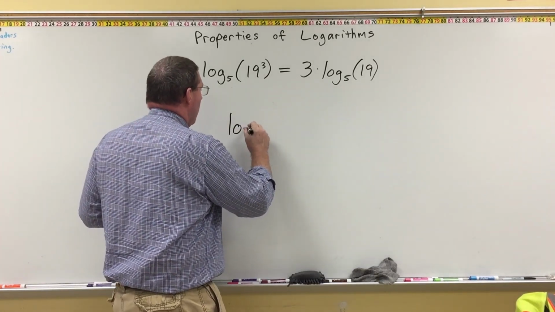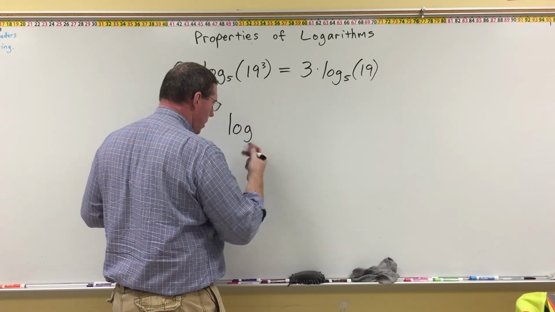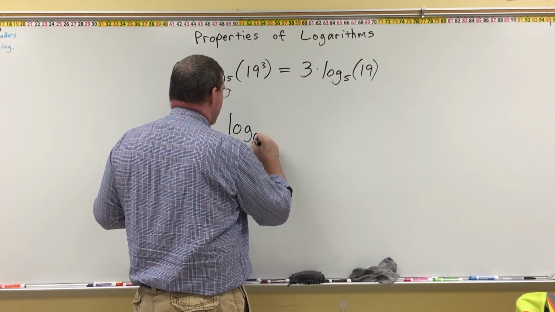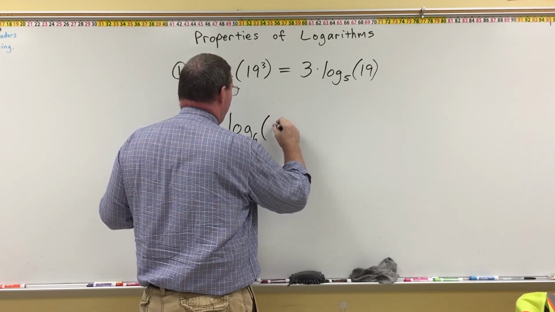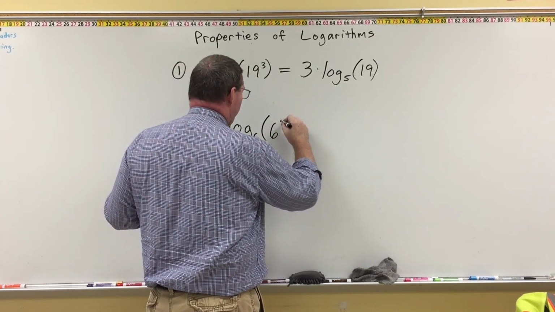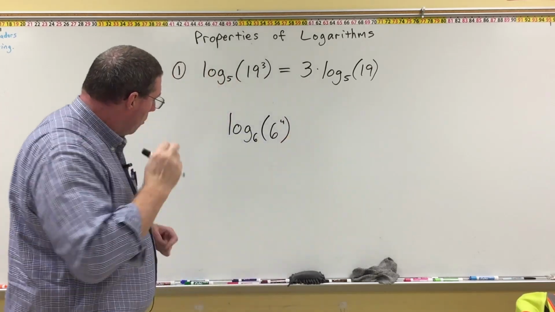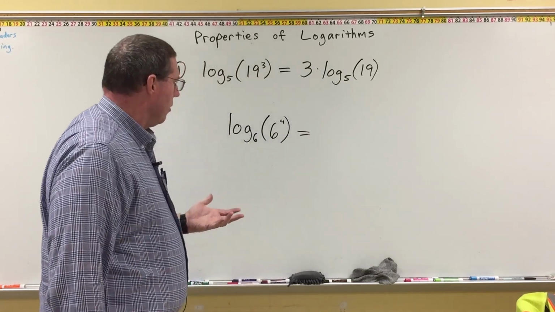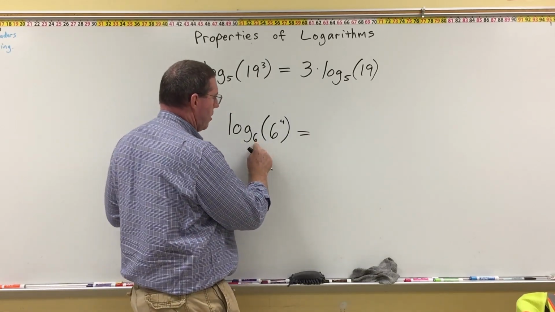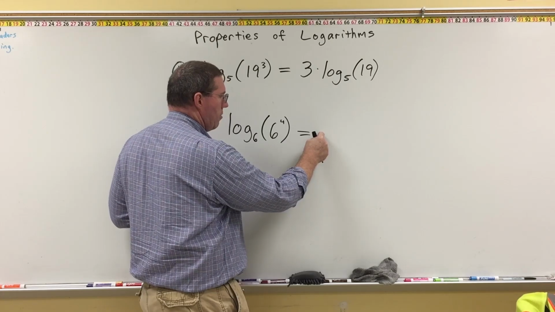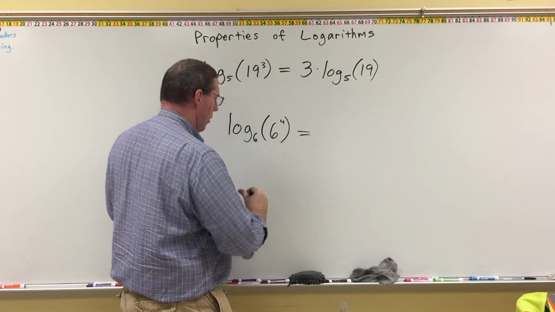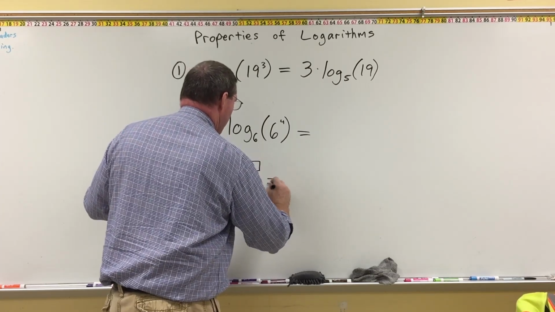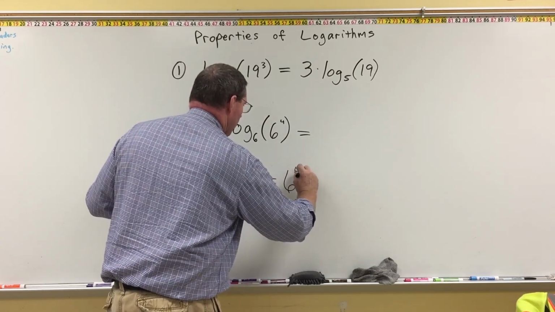Now, I'll show you an example of how this works based on something we've already done. Let's say log base 6 of 6 to the fourth power. This logarithm is actually very easy to answer because it's saying 6 to what power is equal to 6 to the fourth power.